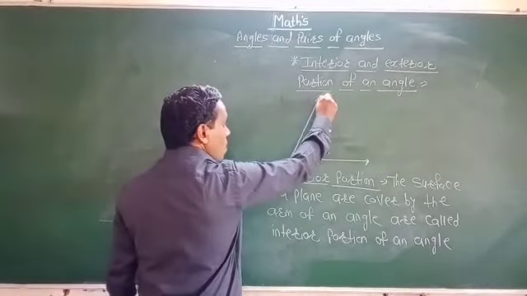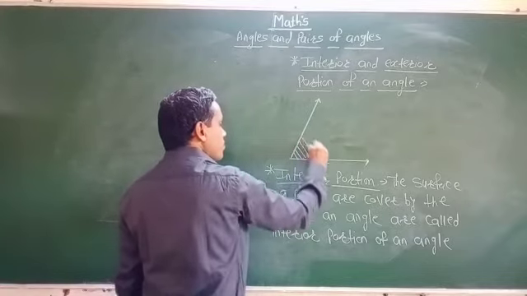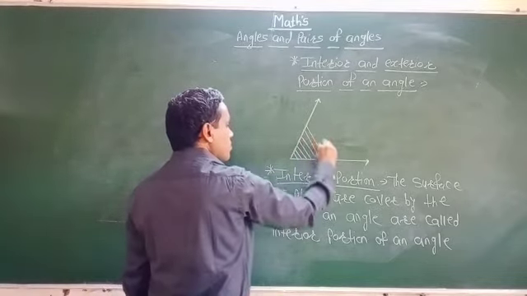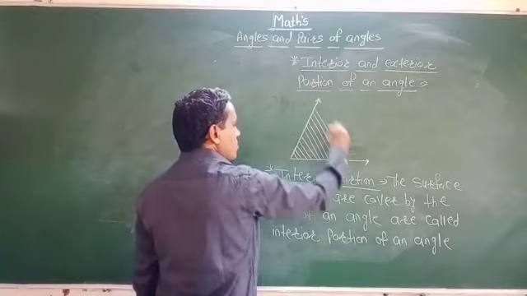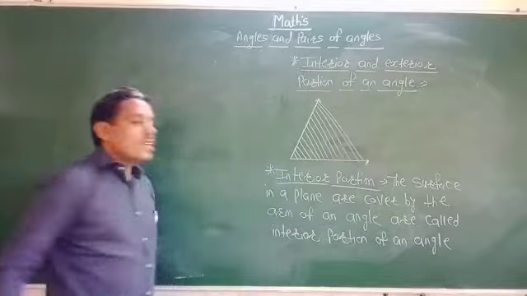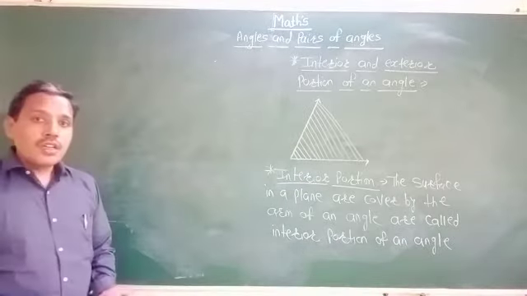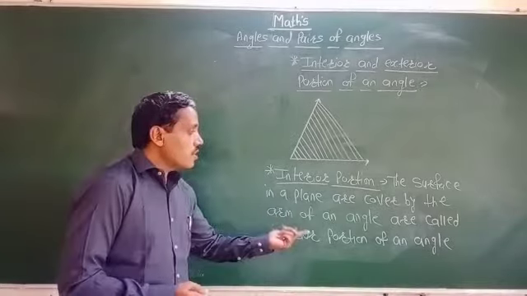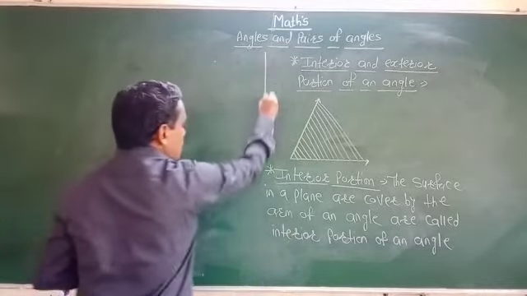So all these are the interior portion of an angle, and the remaining portion of the plane is called the exterior of an angle.